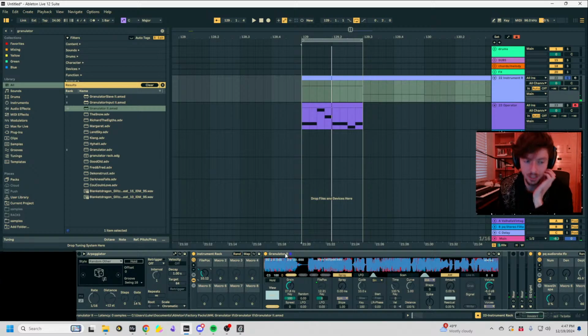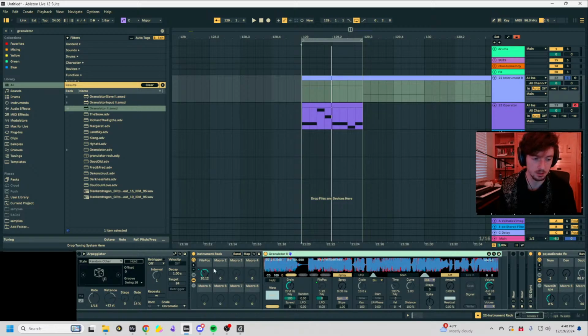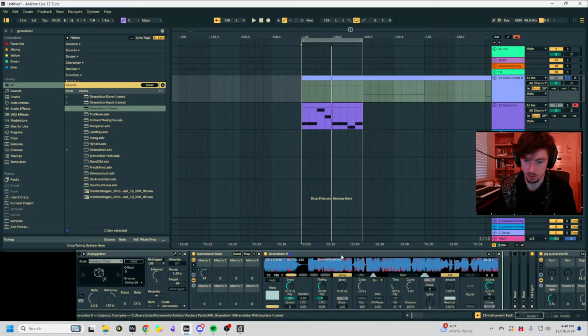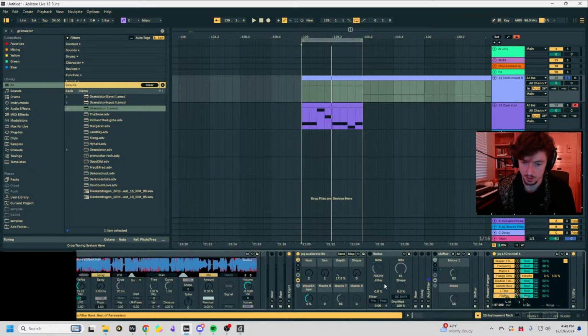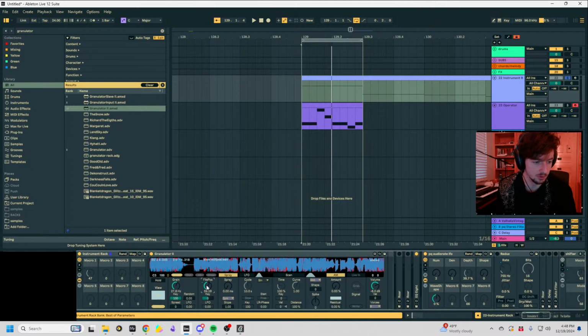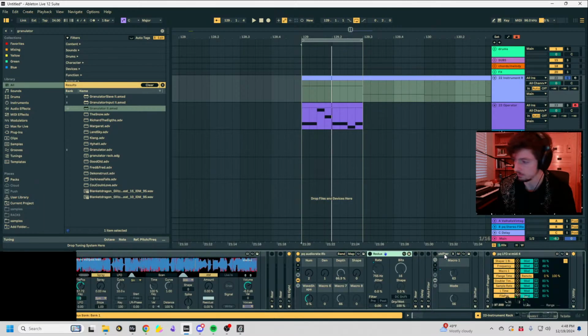But I don't want it to be... I mean, I could set the depth. Oh, wait, no, this is super easy, actually. Never mind. I am so silly. I didn't have to do any of that. Let's just remove that macro. Okay. It's all built in. It's all built into the LFO. I didn't have to do anything.